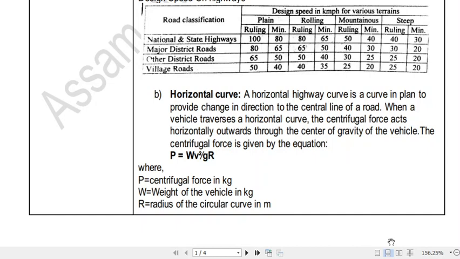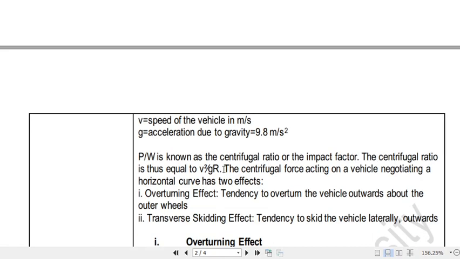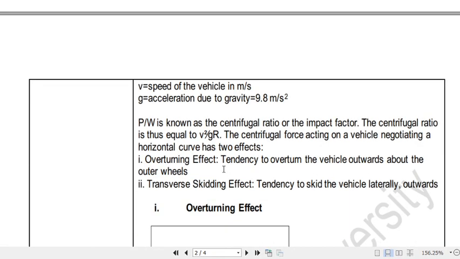If the centrifugal force is P, then P is given by P equal to W V square divided by G R, where P is the centrifugal force in kg, W is the weight of the vehicle in kg, R is the radius of the circular curve, V is the speed of the vehicle in meters per second, and G is the acceleration due to gravity, which in this case is 9.8 meters per second square.